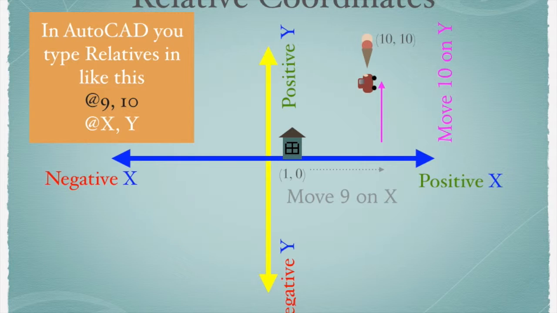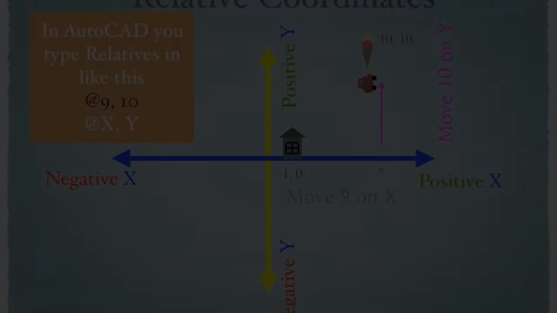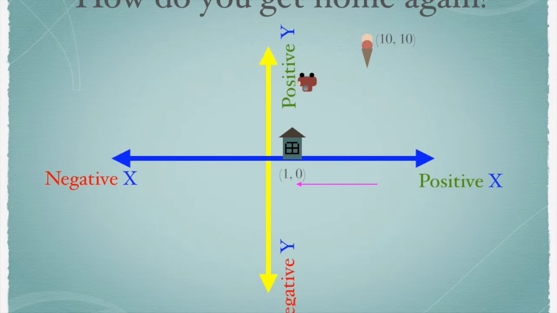Now these were both positive numbers, so this is the question I have for you. How do you get home again? So if you started out at the ice cream store and you're trying to get home, how would you get home again? You can't tell it to go 9 on the x this time, or else you would drive even further away from the ice cream store and home.